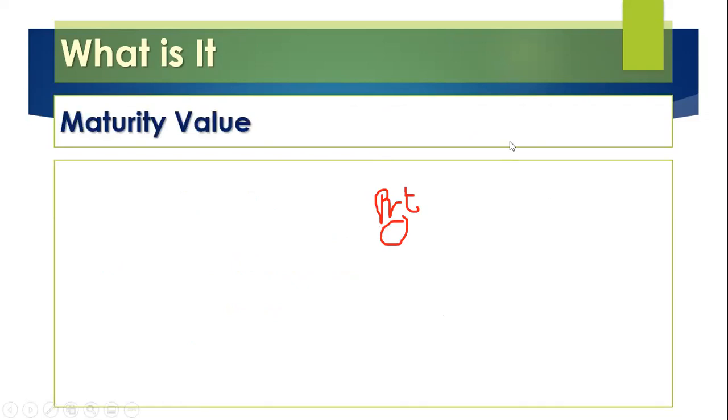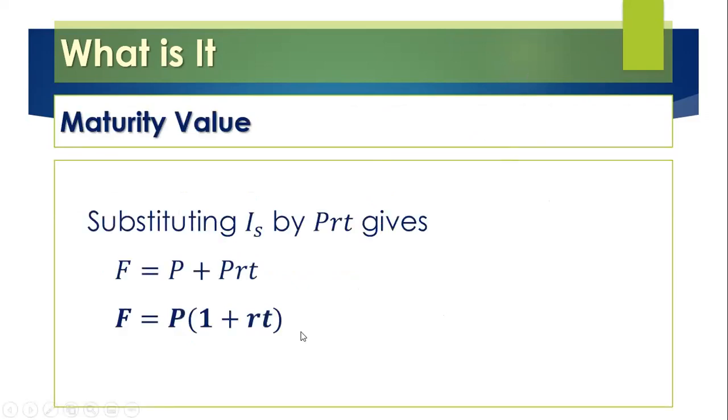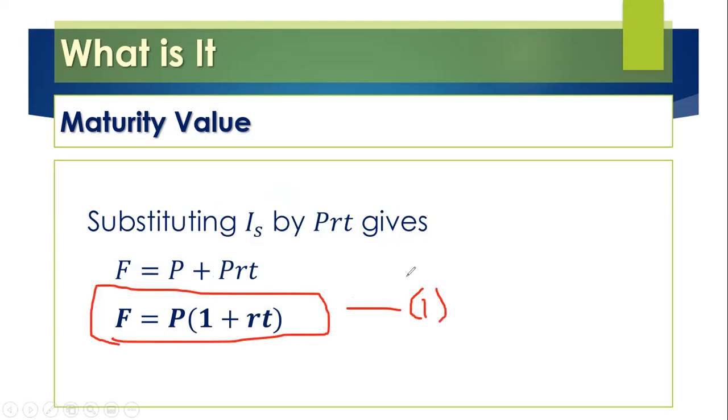So sinubstitute, we get P plus PRT. Okay? So pwede kong ilabas ang P. And then times 1 plus RT. So this will be the final formula for the future or the maturity value for a simple interest. No? So tatandaan 'tong formula na 'to. F is equal to P times 1 plus RT.